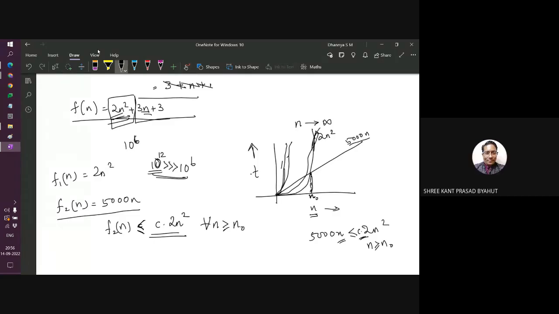Ma'am, may I have one question? Here, what do we mean by dominating? Is this a time exactly? No, here what I meant by dominating is, see this 10 power 12, if it takes so much time, then the time taken by this factor, this 3n, will be kind of negligible.